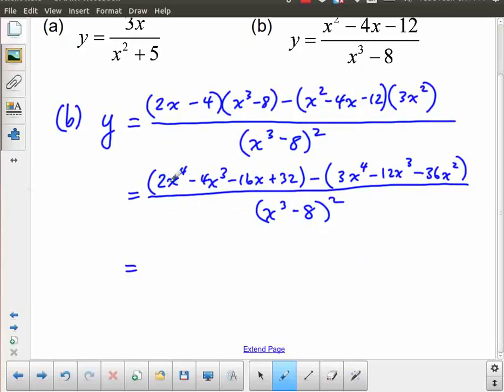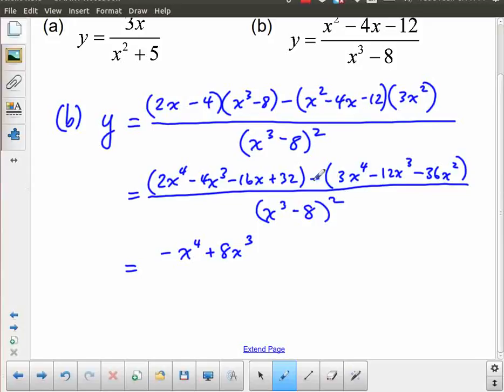I have a 2x to the 4 minus a 3x to the 4, so I just get a negative x to the 4. I have a negative 4x cubed minus negative 12x cubed, which is plus 12x cubed, so that's plus 8x cubed. I have minus 16x, nothing to match up with that.